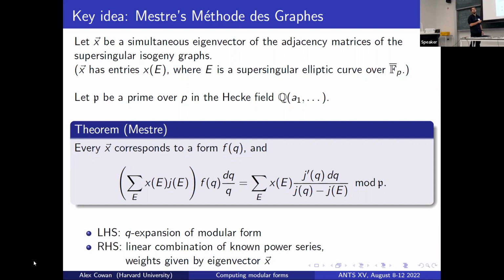And Mestre's formula, so this is the whole point of the algorithm, tells you that if you can find this eigenvector, because that's the hardest part, then you can use that to basically get your q-expansion immediately, right? It's just this q-expansion times some constant. So the whole algorithm is going to be about computing this right-hand side from Mestre's theorem as quickly as possible.